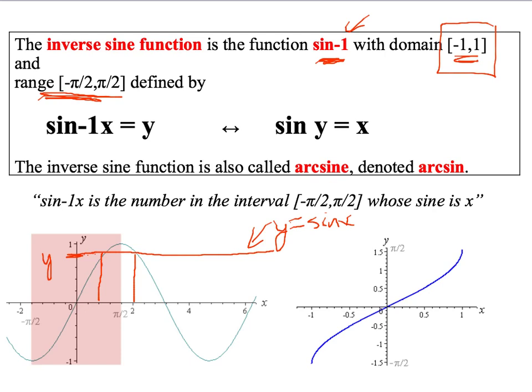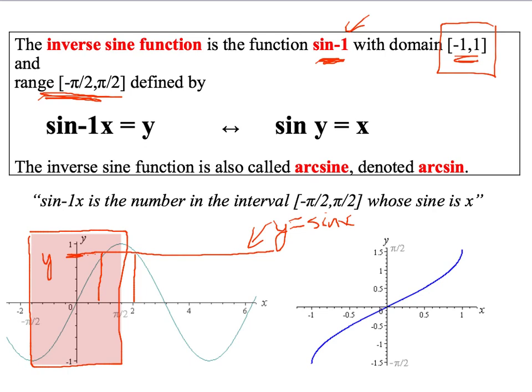And so to make the inverse sine a function, we have to limit the domain of the sine. That's what this pink box does here: it gives us a range of values that we limit to, so that when we take the inverse sine of a number, of a ratio or of a y-coordinate, we're only going to have one possible angle that meets that criteria.